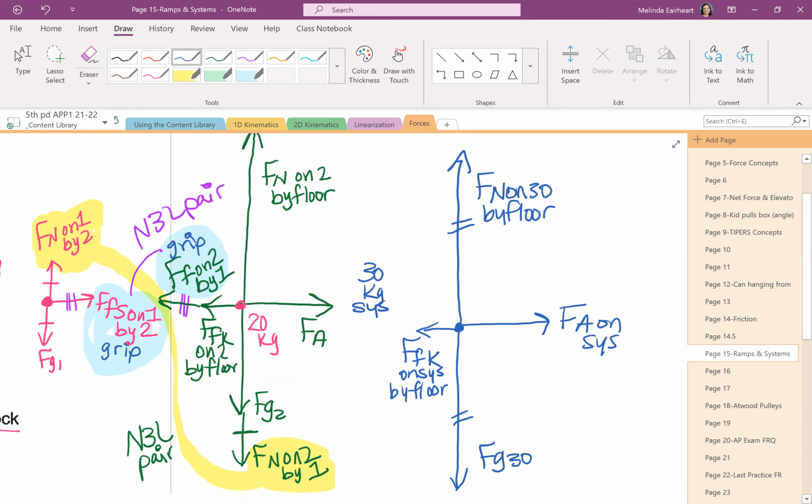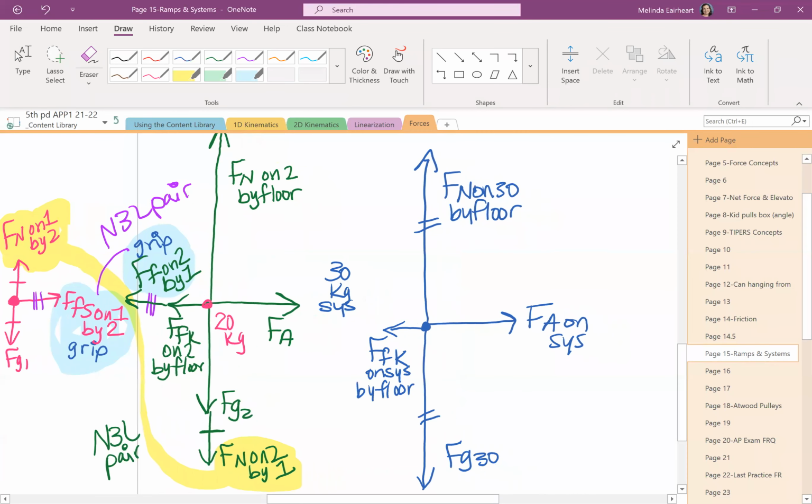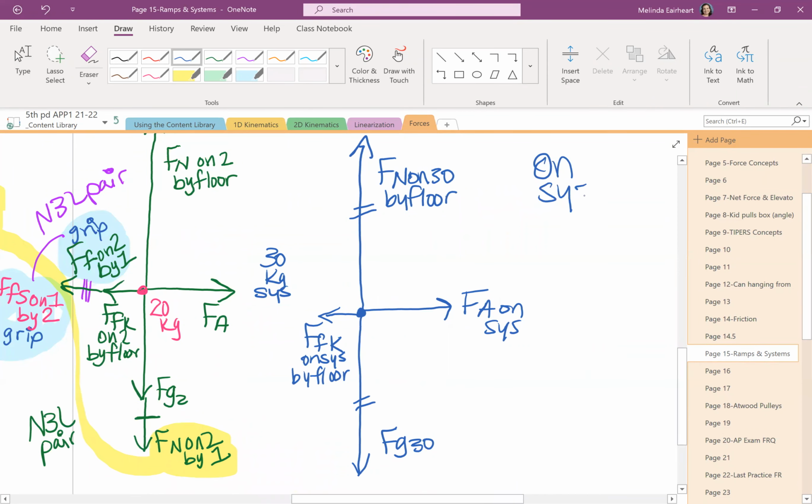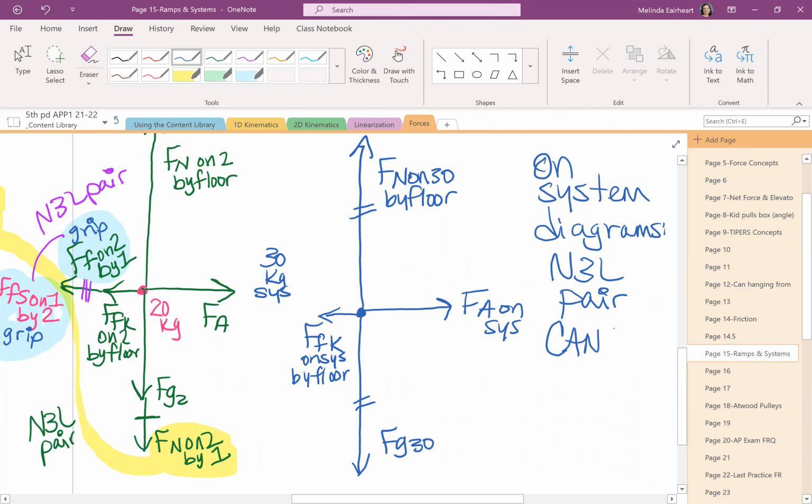Okay. And so note to self, on system diagrams, Newton third law pairs, you can also call them action-reaction pairs, cancel out. And the reason, because they are internal to the system.